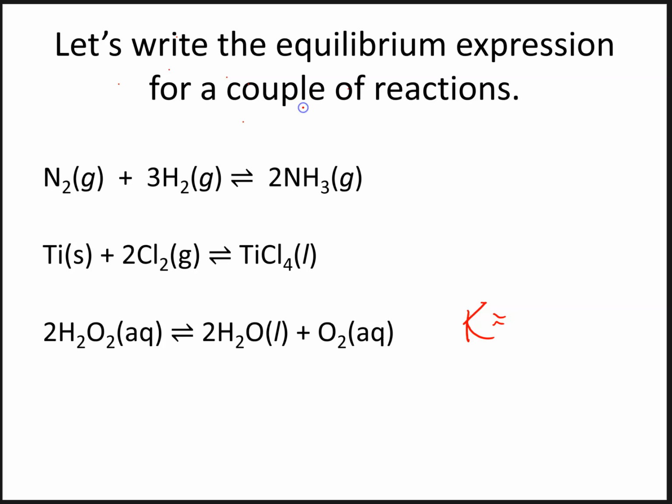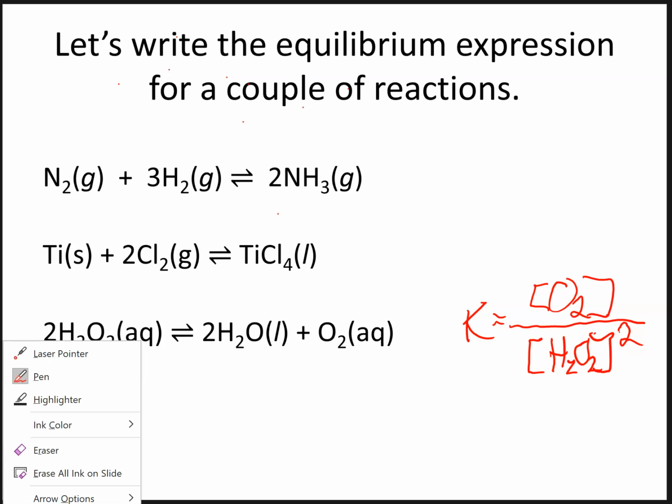But we do have O2 as a product as well. And since this is aqueous, we use a bracket. The oxygen has a coefficient of 1, so it's raised to the first power, all over our reactant, which is hydrogen peroxide, H2O2, quantity squared. So that would be our equilibrium expression for this reaction.